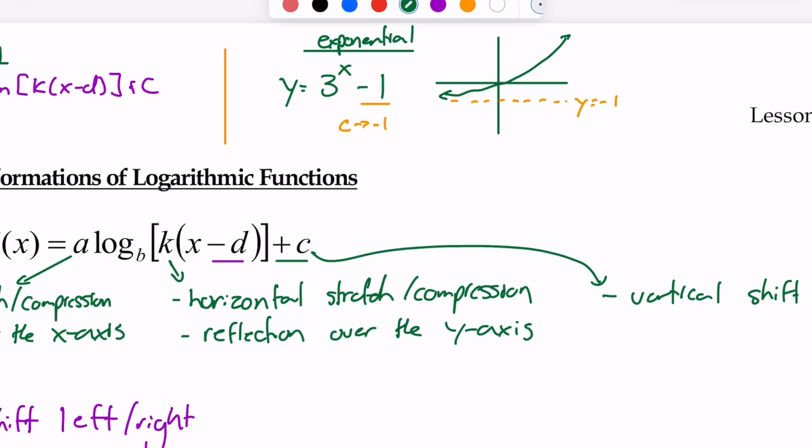So if we think about the connection between exponential functions and logarithmic functions, they're inverse functions. When we were doing that proof in the previous lesson, anything to do with x on the exponential ended up being a property for y's on the logarithmic, and vice versa.